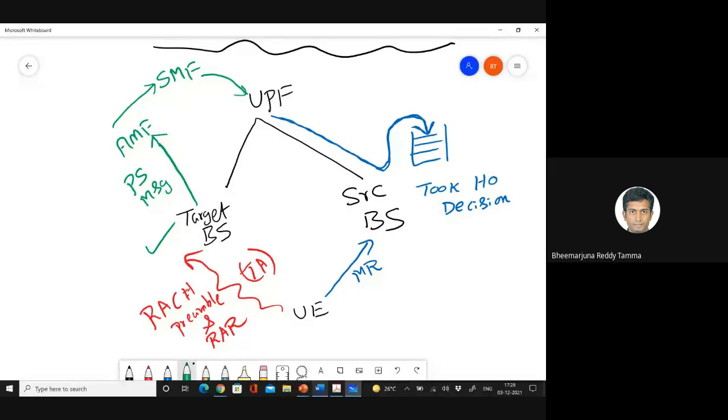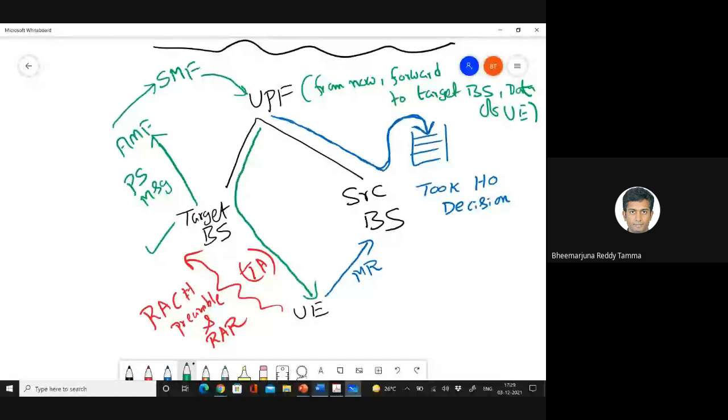Basically, the SMF is telling the UPF to forward from now on to the target. Then the data will start coming like this. Is that clear, Suranjan? Yes, sir. Got it.